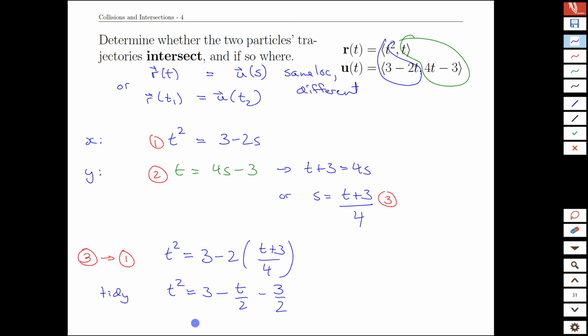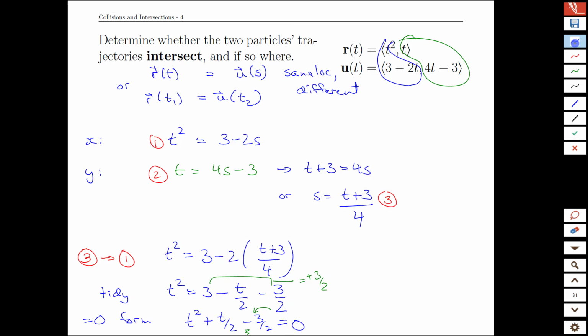No one likes solving quadratics like this, so we're going to put that into equals 0 form. So we're going to have t squared plus t over 2. And by the time this is done, it's positive 3 over 2. When we bring it to the other side, it's negative 3 over 2. So simply manipulating this equation and looking at these two things here, which are equal to positive 3 halves, when we combine them, we bring them over to the other side, they become negative 3 halves.